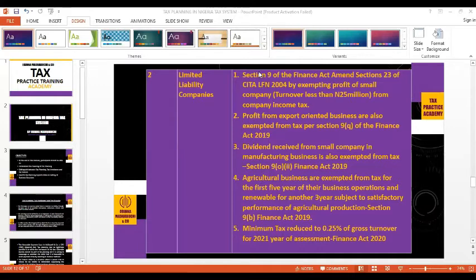Now, on the existence of a contract, there has been a judgment recently on whether or not there's a contract. A contract can be verbal, written, or anything. There are documents that signify the existence of a contract between parties, for example, a PO, purchase order.